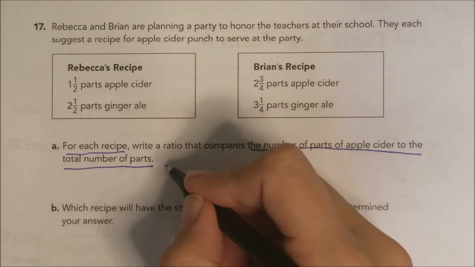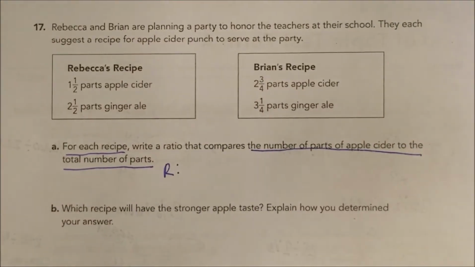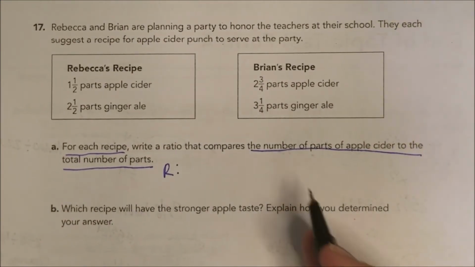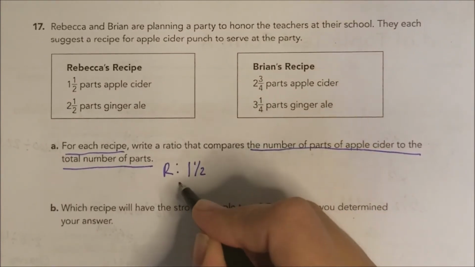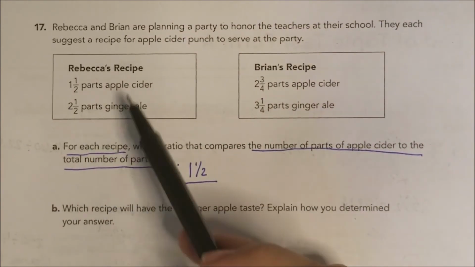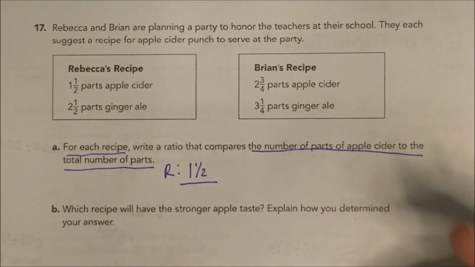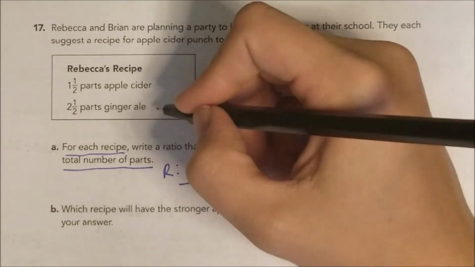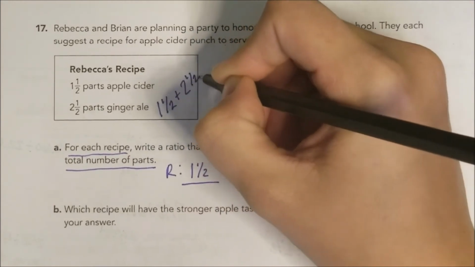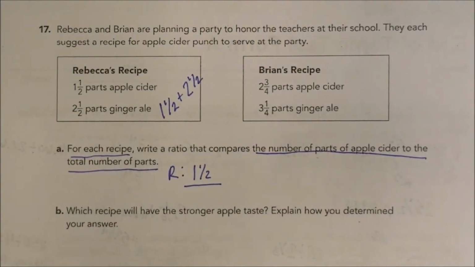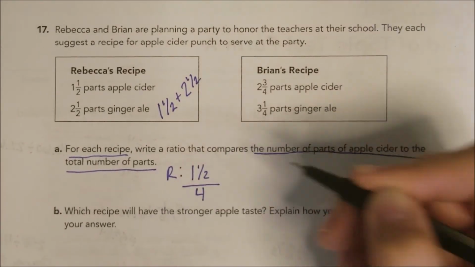So I'm going to do R for Rebecca. So apple cider for Rebecca is 1 1/2. Total part means you need to add the 2 parts together. So we need to add 1 1/2 plus 2 1/2. And when you add that together, you get 4 total parts.